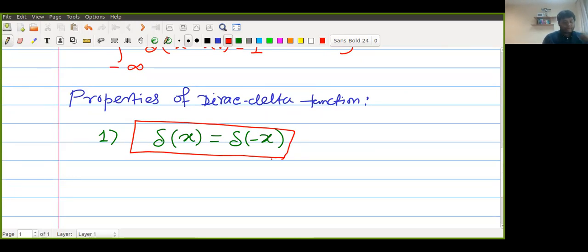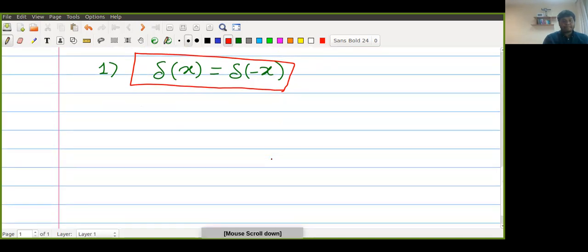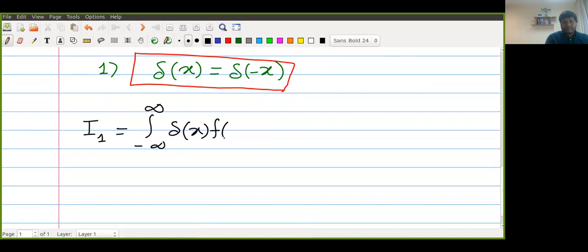So how can I prove this one? Let me take the black one. I can define an integral I1 from minus infinity to plus infinity of delta of x f of x dx. I already defined f of x: it is a well-defined function at x equals x naught.